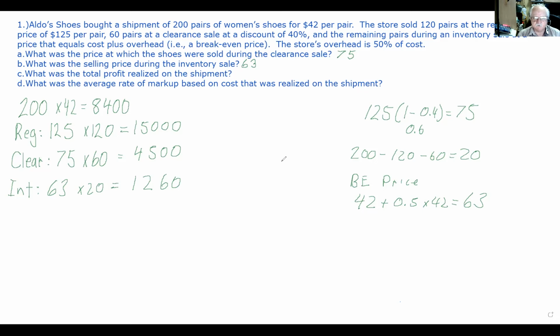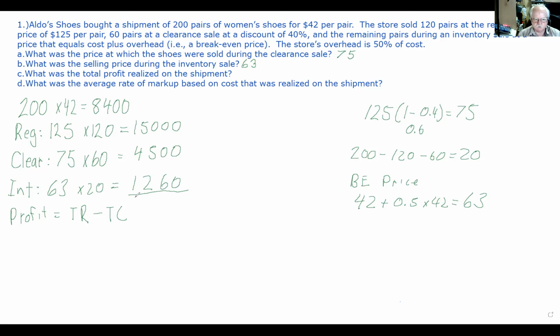So profit is going to be equal to total revenue minus their total cost. And by adding this up, we can figure out their total revenue. 15,000 plus 4,500 plus 1,260.